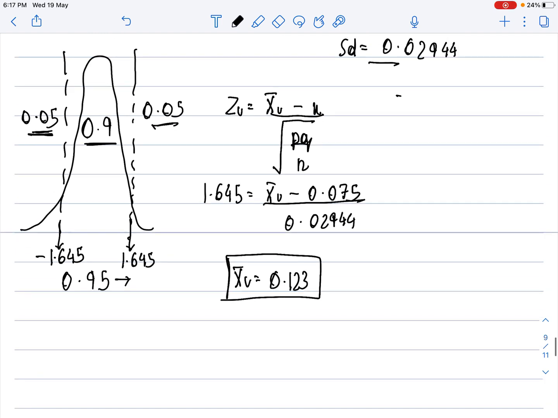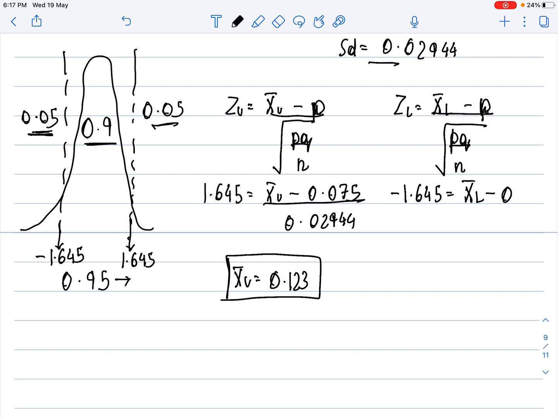And for my lower value, I get x lower minus the mean over, actually this is not the mean, this is p basically, because your mean is p, over the square root of pq by n. So I get minus 1.645, which is equal to x lower minus 0.075 over 0.02944.